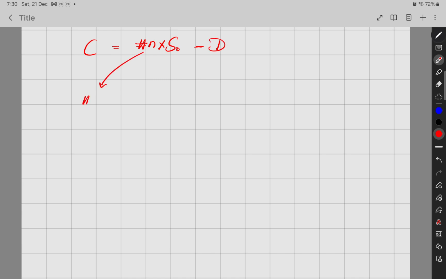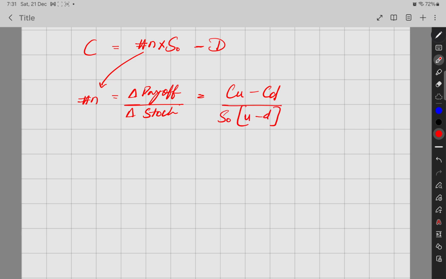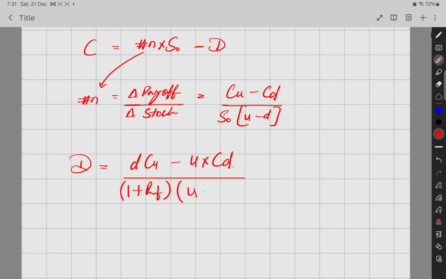The number of stocks, that is hash n, is also the delta, that is the change in the payoff divided by the change in the stock value, determined as Cu minus Cd divided by S0 times U minus D. And the debt you want to take is, no, I just wrote it completely wrong, U times CD minus D times Cu, divided by 1 plus RF times U minus D.